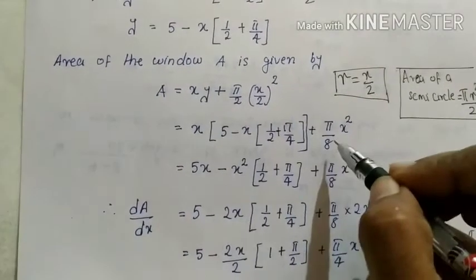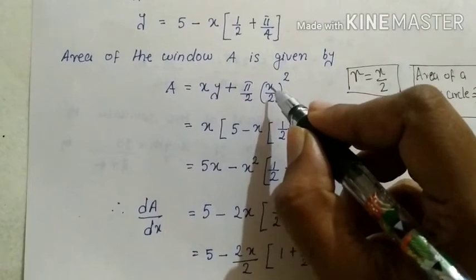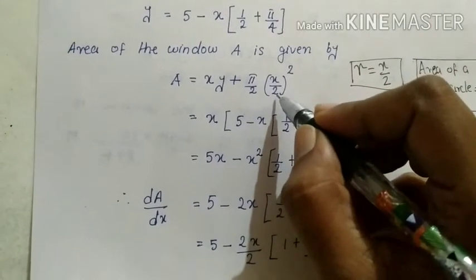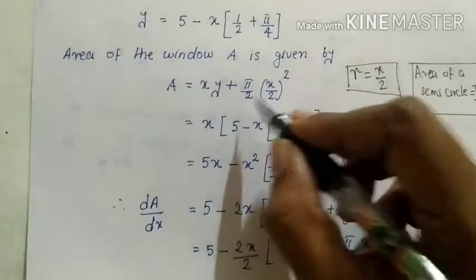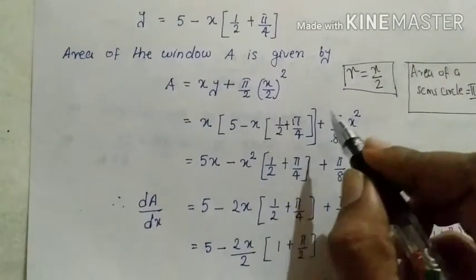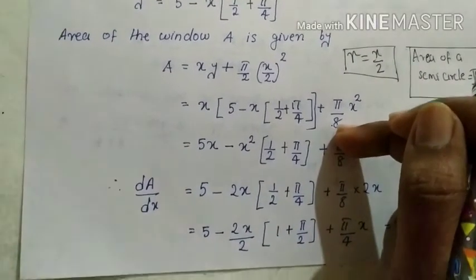Pi by 8 comes from here: x by 2 the whole square is x square by 4, so 4 into 2 is 8. So here we get pi x square by 8.